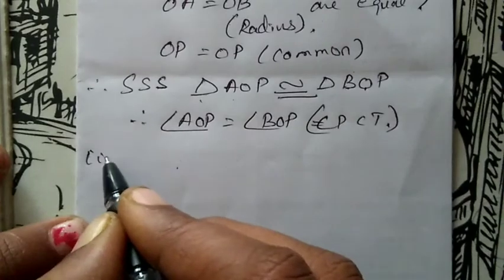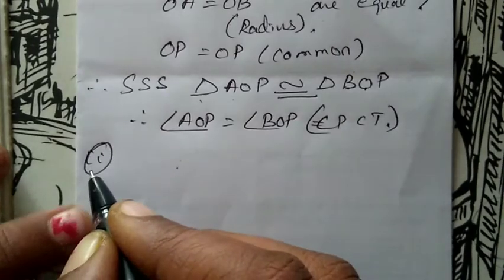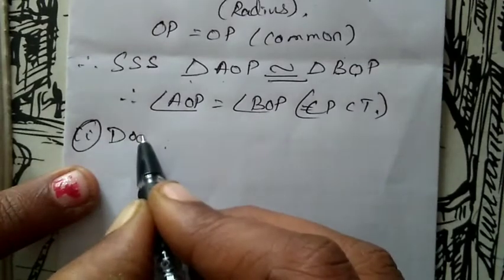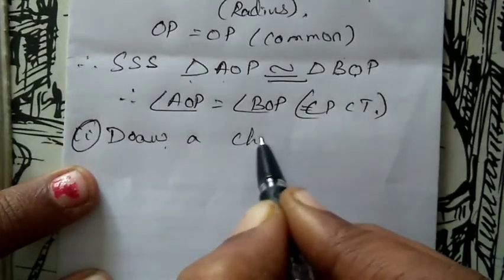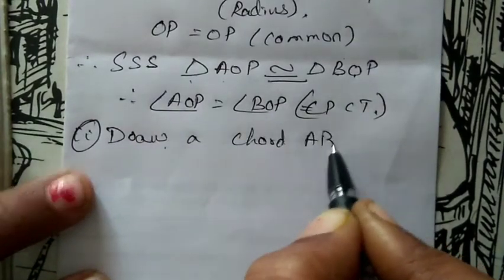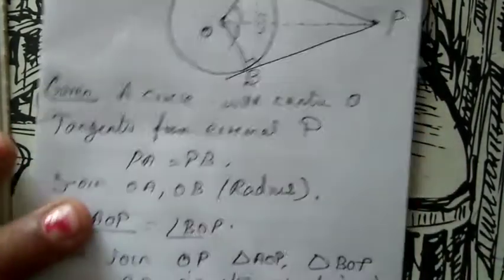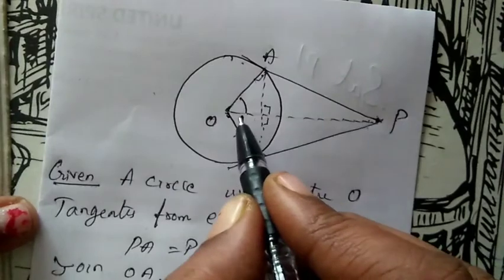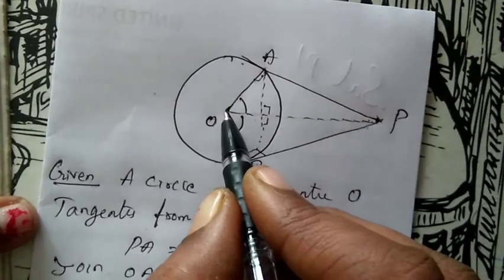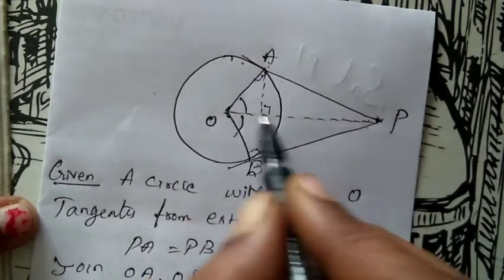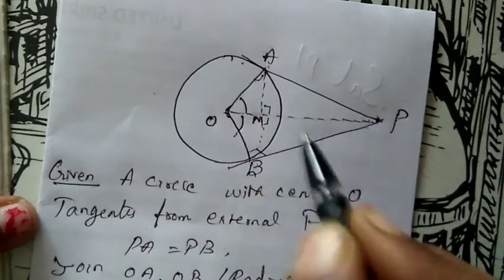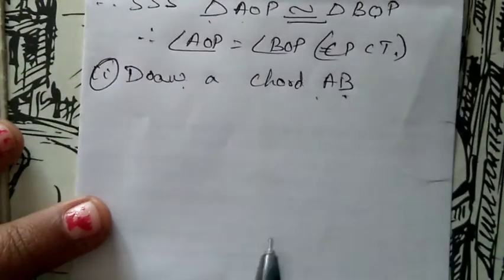Now for the second subdivision, we draw a chord AB, that is, you are joining A and B. Now let this chord touch the circle and let it meet the side OP at M. So now draw a chord AB.